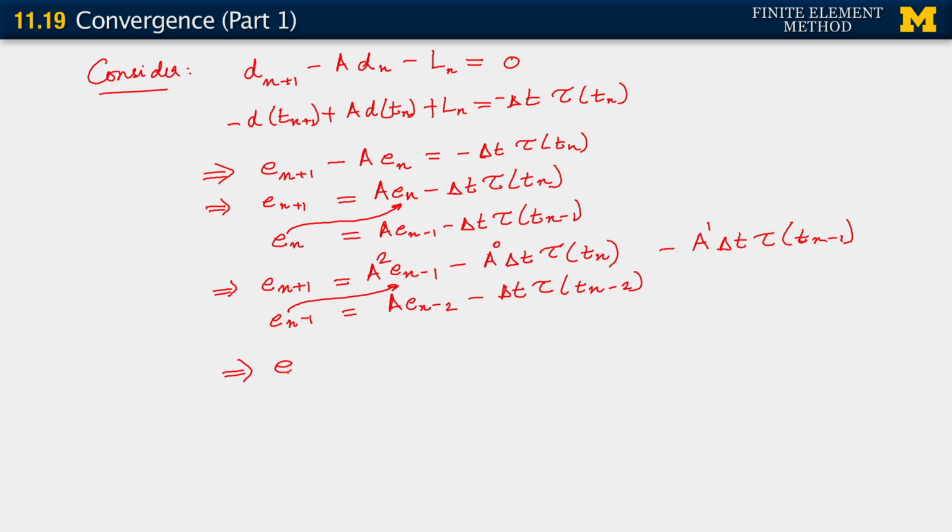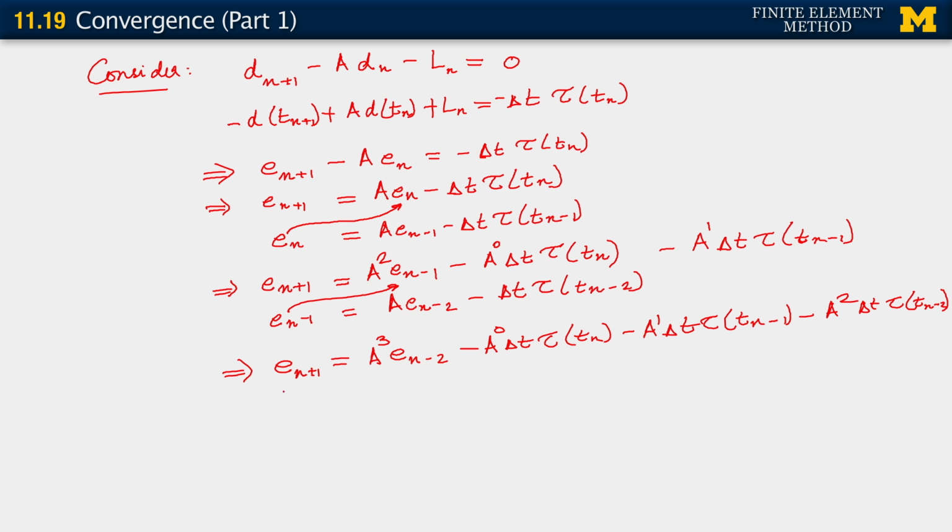What I would get is that E at n+1 equals A cubed E at n-2 minus A to the 0 delta t tau at t^n, minus A to the 1 delta t tau at t^{n-1}, minus A squared delta t tau at t^{n-2}.